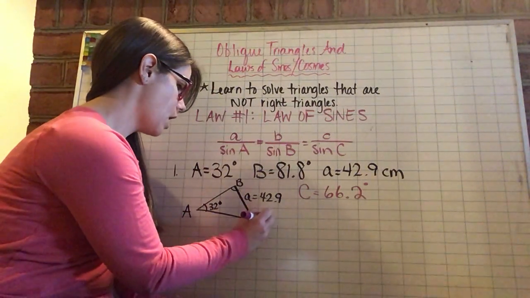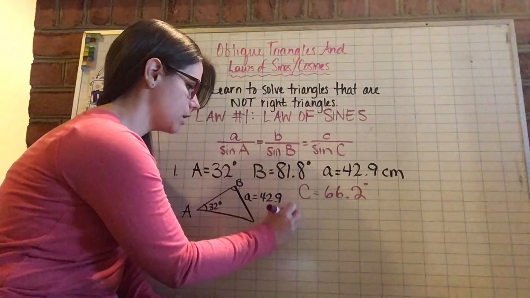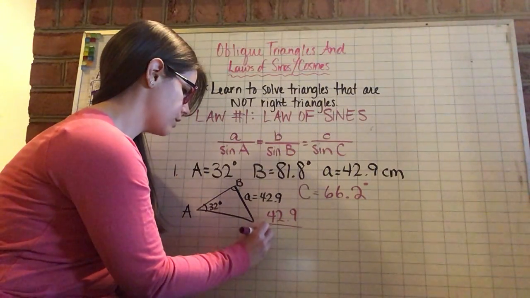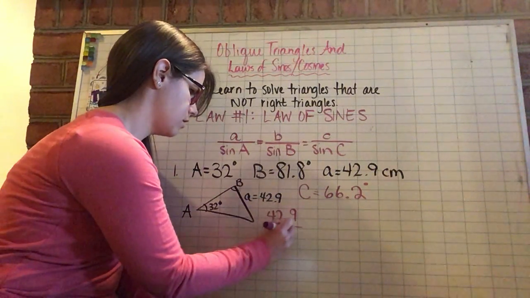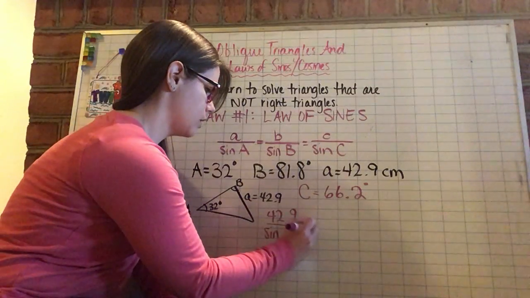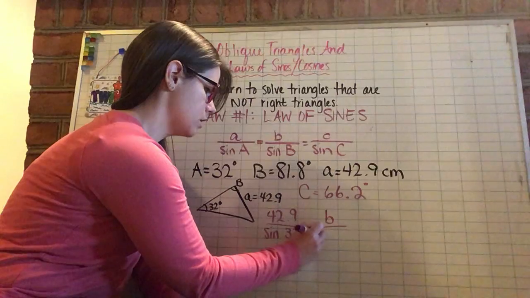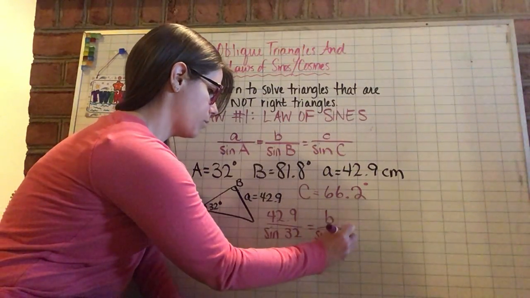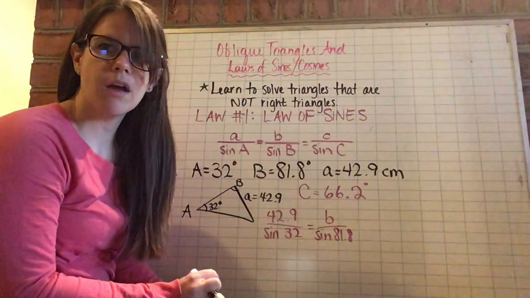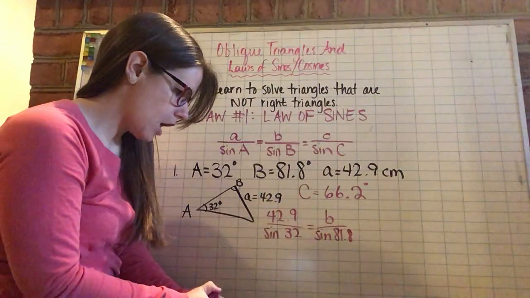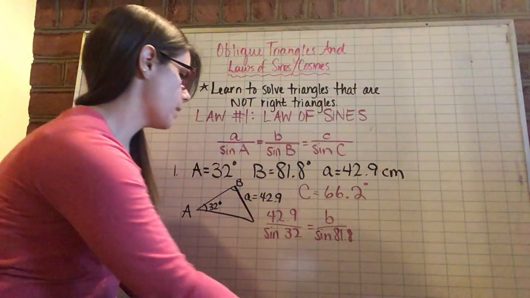All right, so I have 42.9 over sine of 32 is equal to B over sine 81.8. All right, and so now I have a proportion, and all I have to do here is solve my proportion.